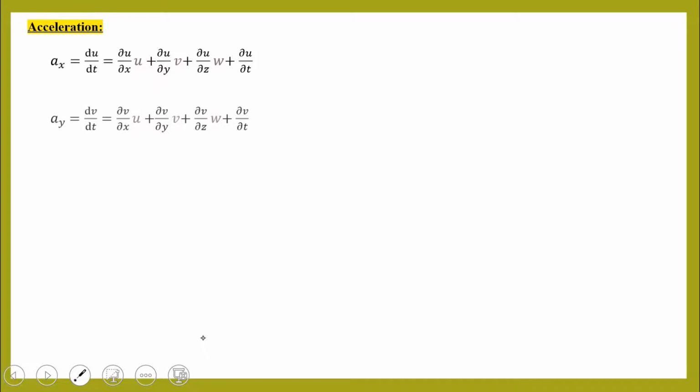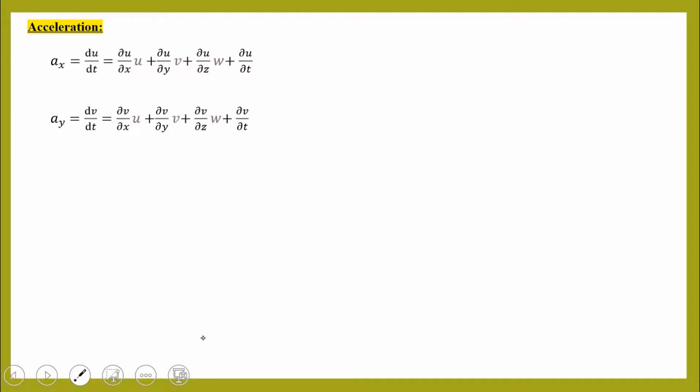Now moving to the acceleration part. Acceleration has to be calculated by differentiating the velocity term. So ax is obtained by differentiating the x component of velocity, which is u. So d by dt of u will give you the acceleration in the direction of x.